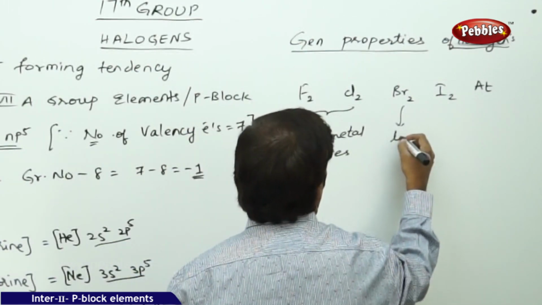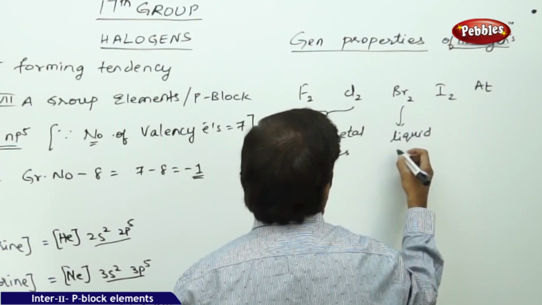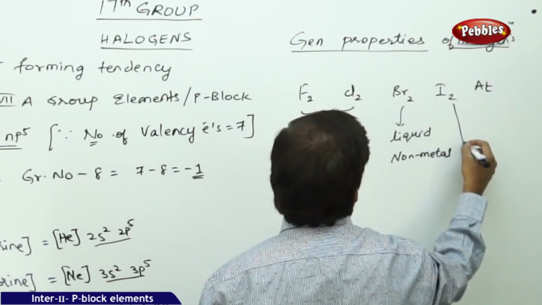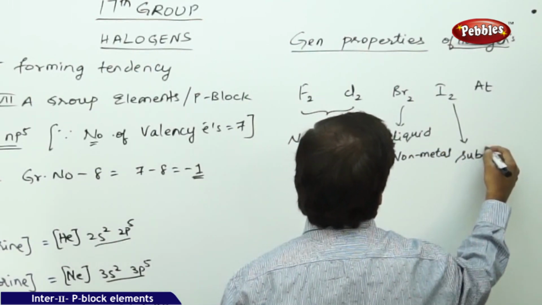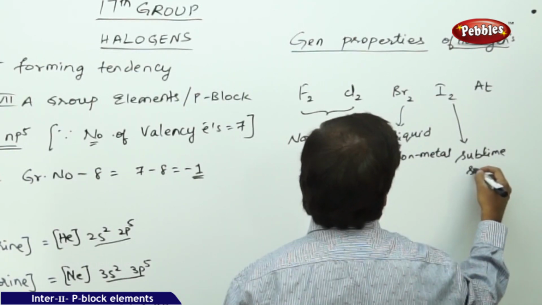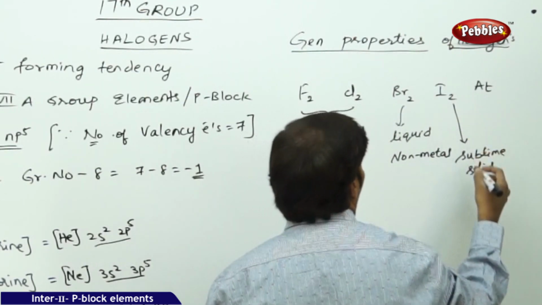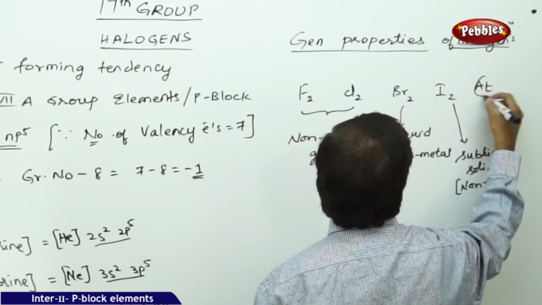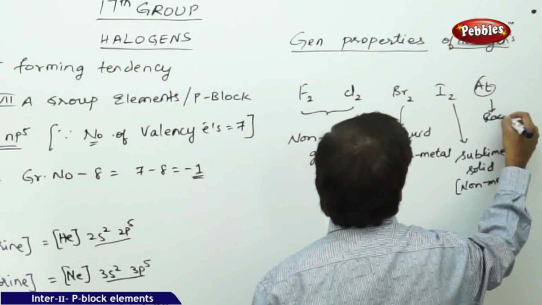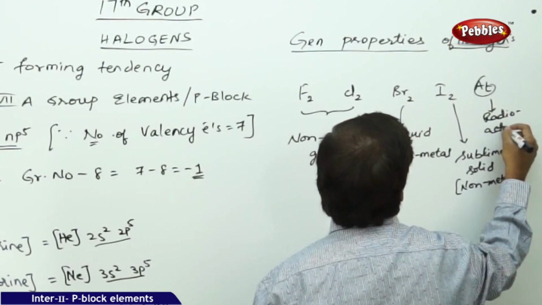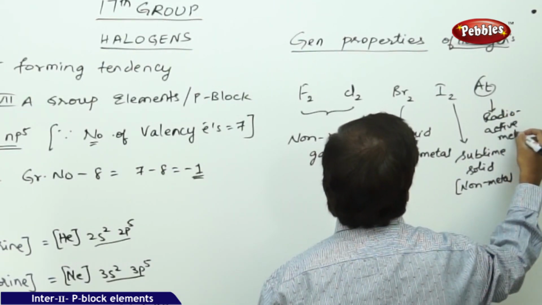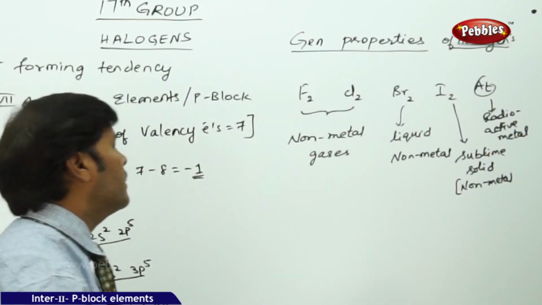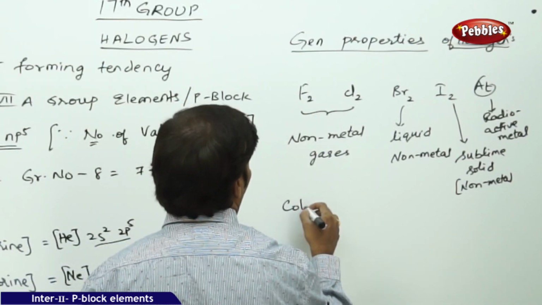Bromine is a liquid non-metal, iodine is a sublimable solid non-metal, and astatine is a radioactive metal.